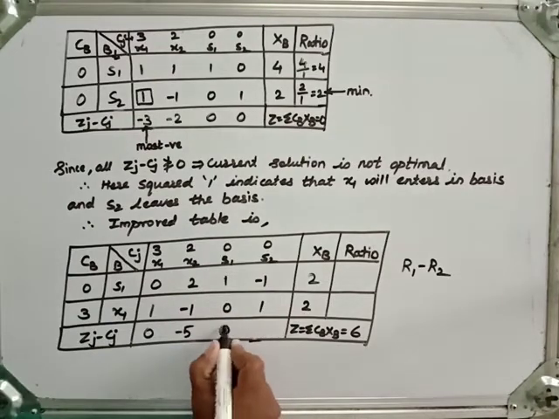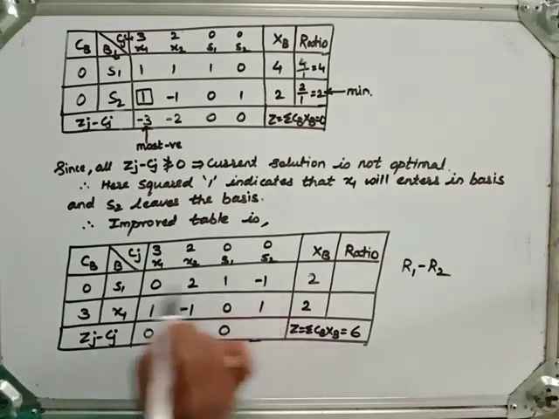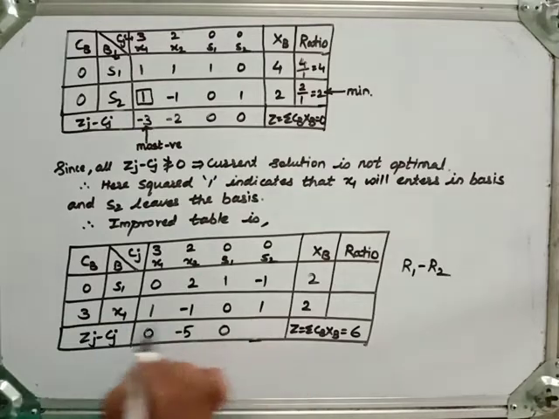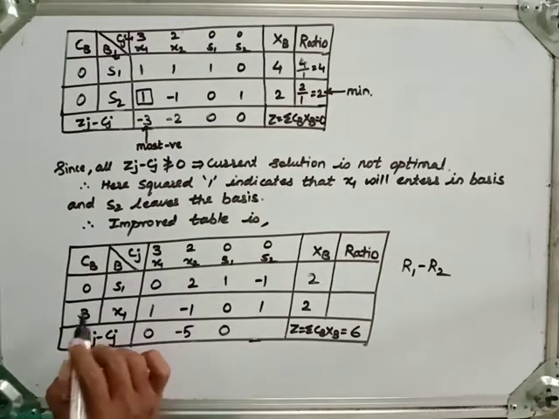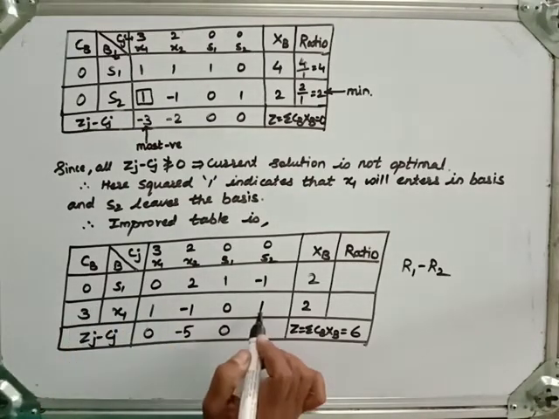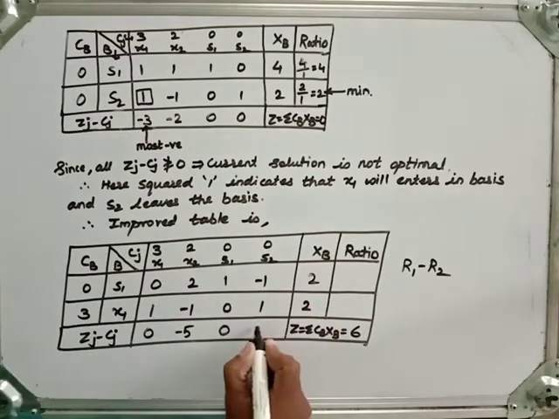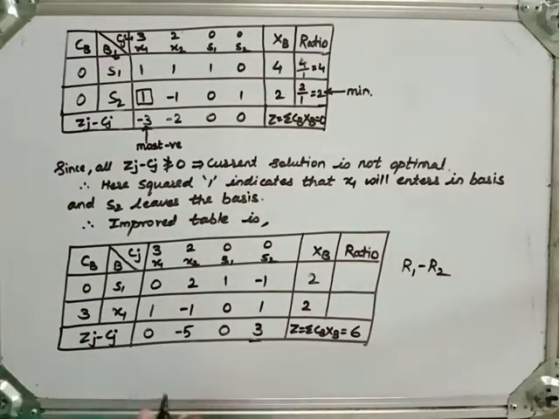So it is 0. Again minus 1 into 0 is 0, 1 into 3 is 3. So 0 plus 3 will be 3 minus 0. So here I get 3. Now in this one also you can check one Zj minus Cj is negative, means I can say not all Zj minus Cj are positive. So this is not an optimal solution.